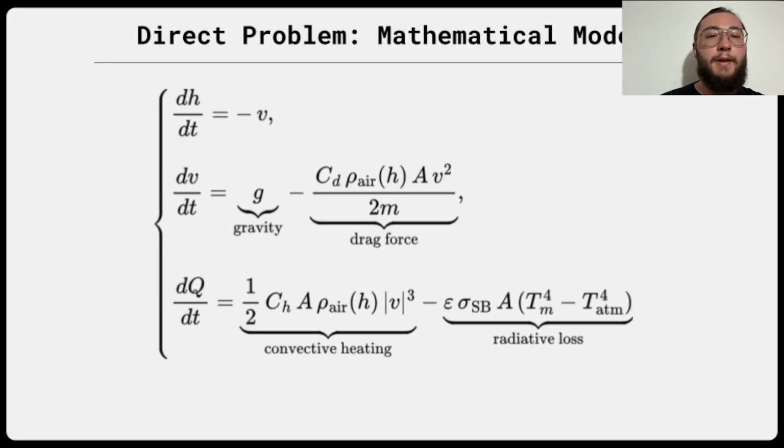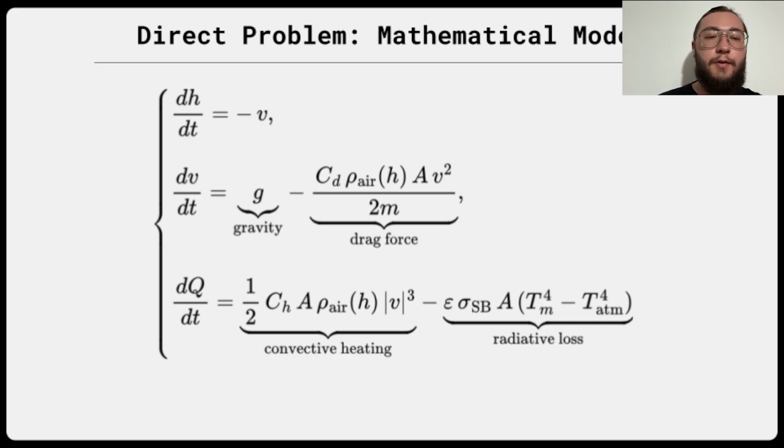For the direct problem, this is our mathematical model. Here we present the system of three differential equations that describe the fall of a cosmic dust particle through Earth's atmosphere. The first equation represents how height changes with time. It simply tells us that the higher the velocity, the faster the particle descends.